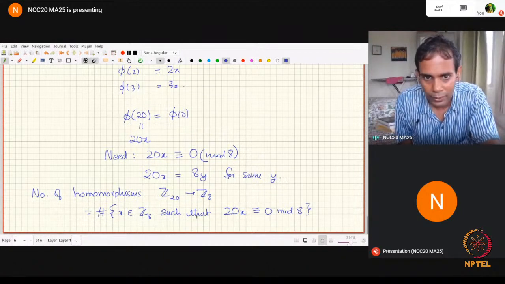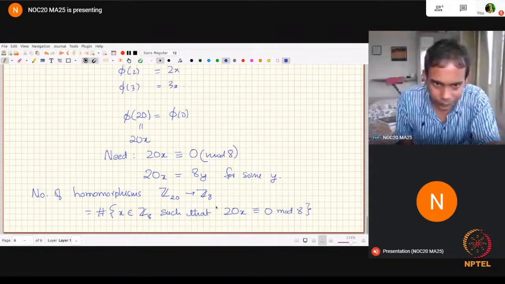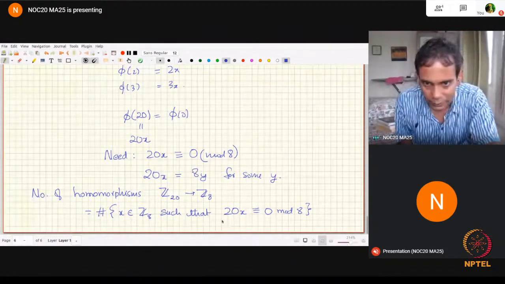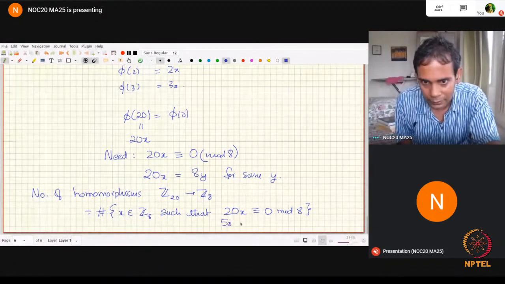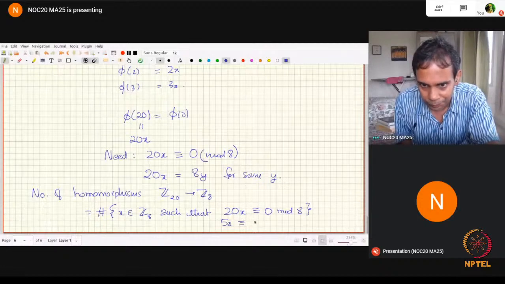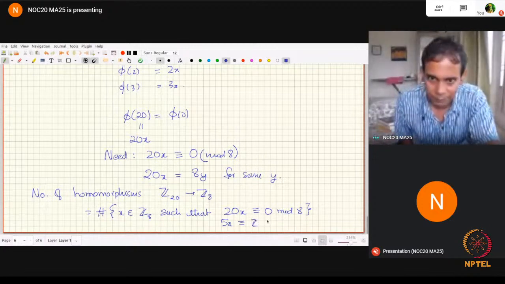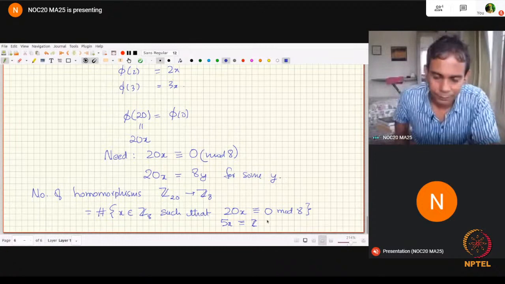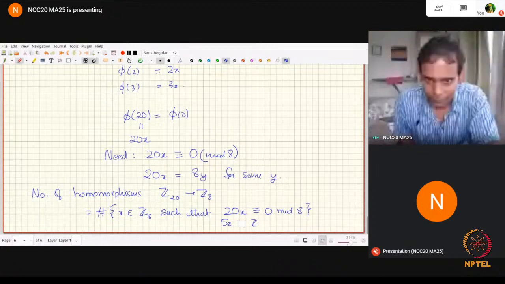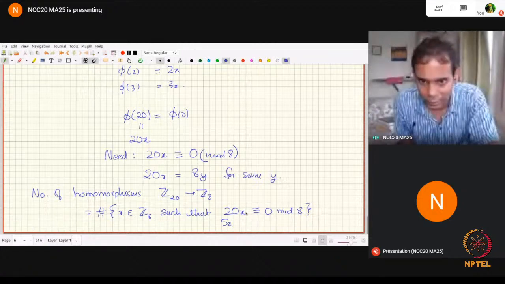If you divide, this is the same as saying that 5x is even. If 5x is even, then 20x will be divisible by 8.